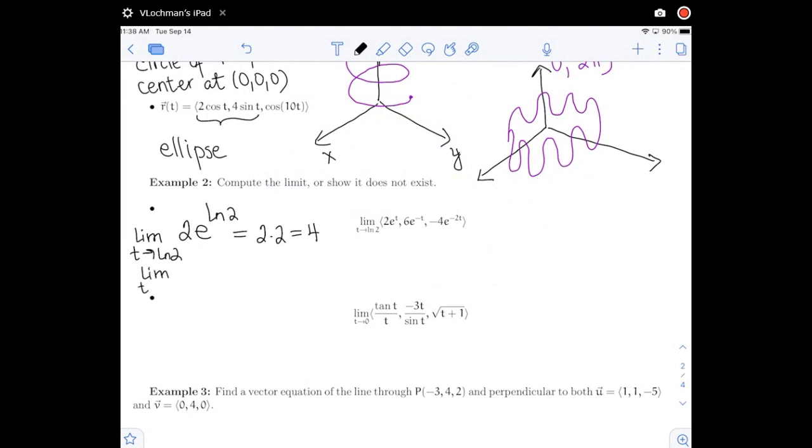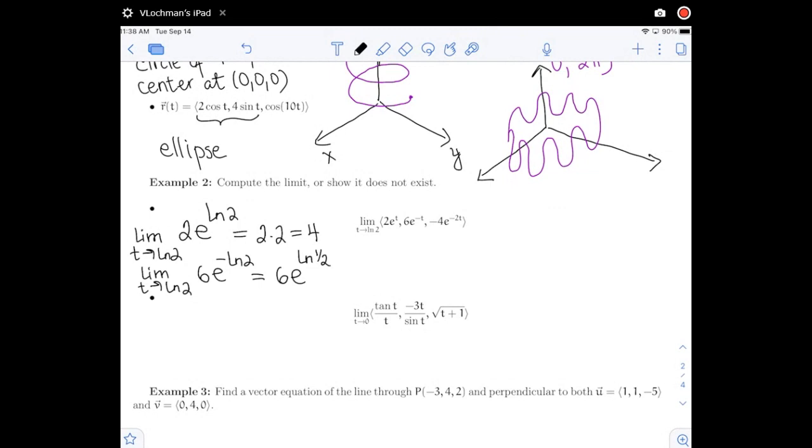Then we compute the rest of them. Limit as t goes to natural log of 2 of 6e to the negative natural log of 2. I'm going to be careful here. This is 6e to the power natural log of 1/2, right?